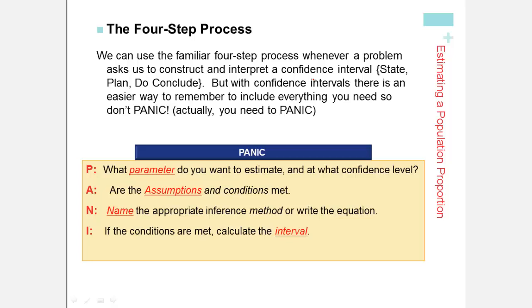You can only do this if the conditions are met. And C is conclusion and context. You must always interpret your interval in the context of the problem. That's what we did when we said we are 90% confident that the actual proportion of red beads in the container is between 0.375 and 0.477.